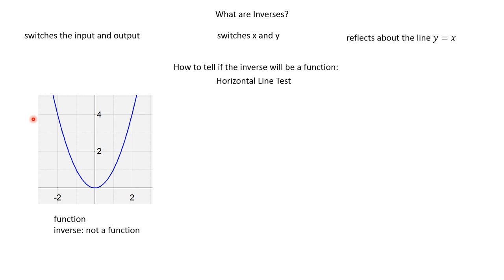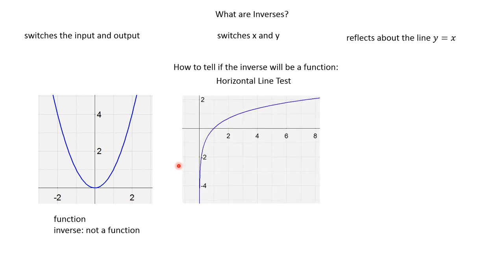If we reflect this over the line y equals x, it would be a sideways parabola, which would not be a function. What happens when you do that reflection is the horizontal lines would become vertical lines, and so that's how it works. It's just we don't have to do it in order to do the test.